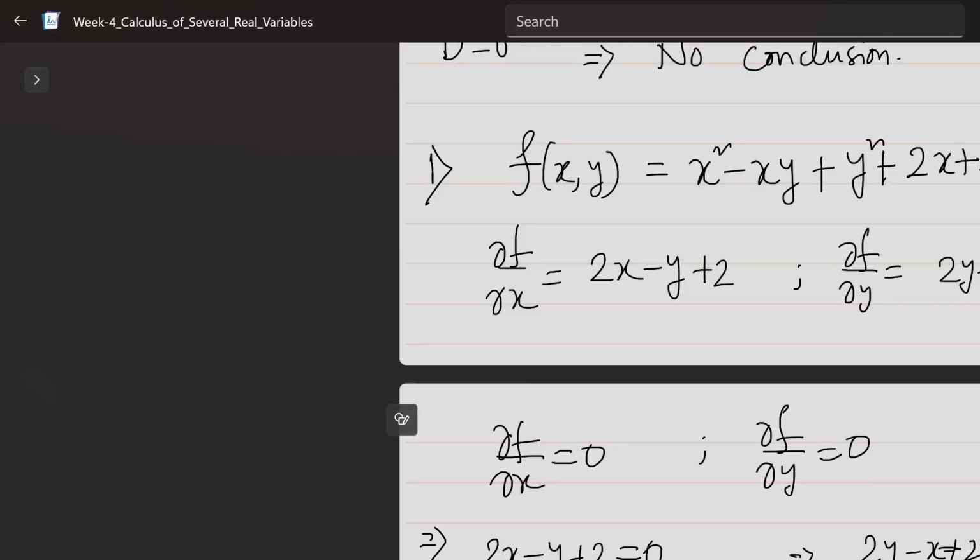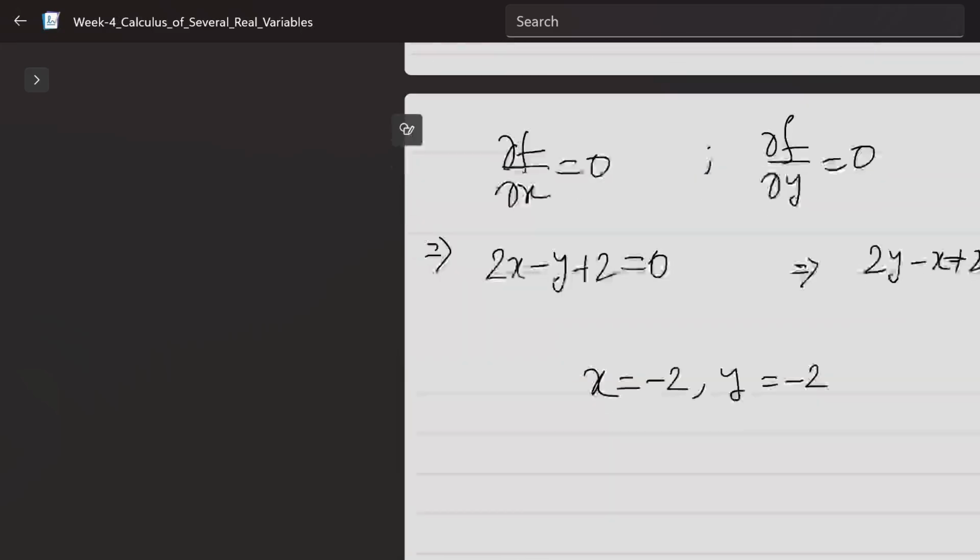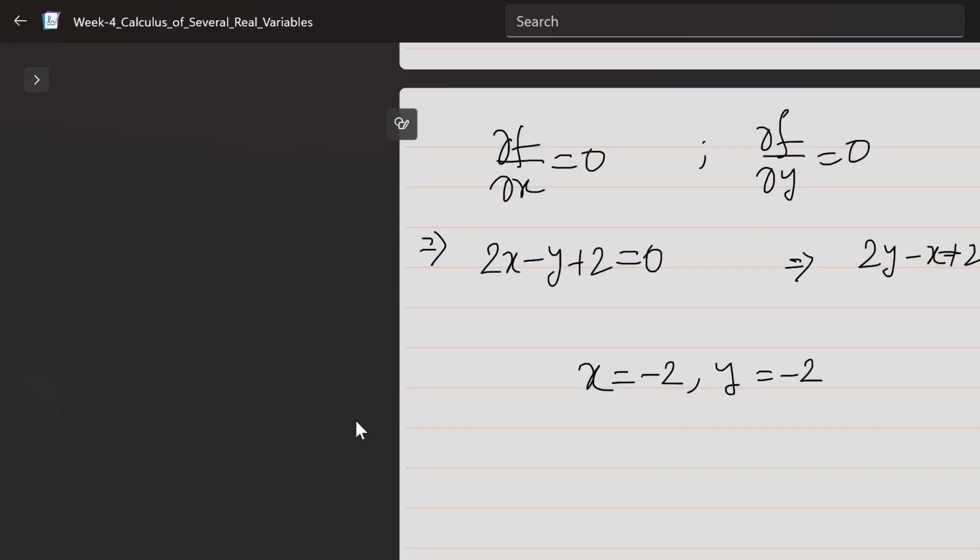So I'll get x equal to minus 2 and y equal to minus 2. We must calculate this as a linear equation. Will you get this point? Minus 2, minus 2.